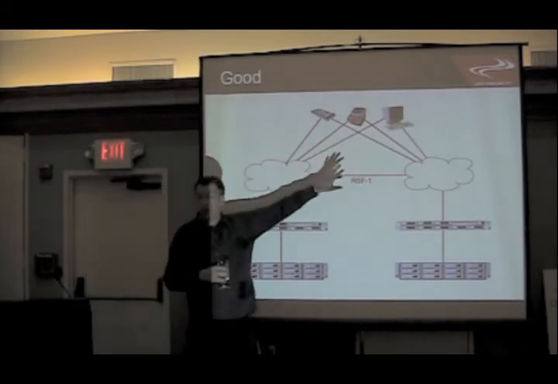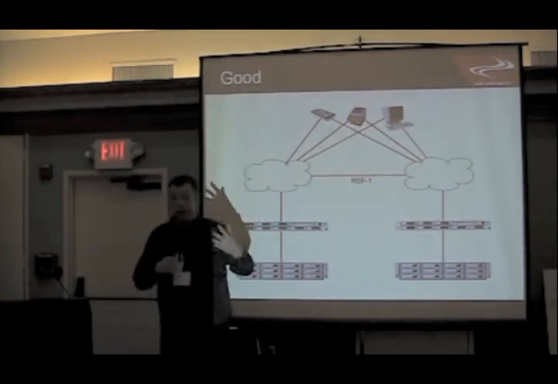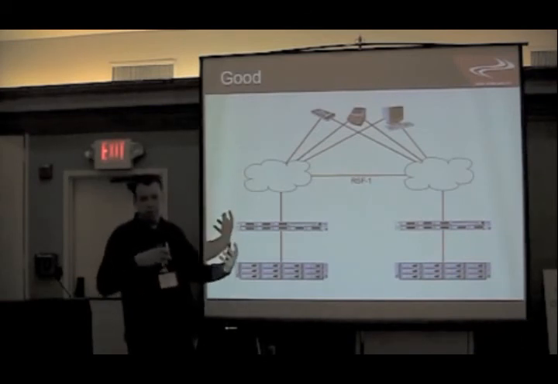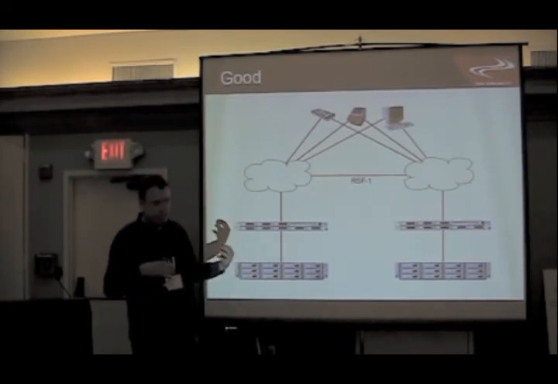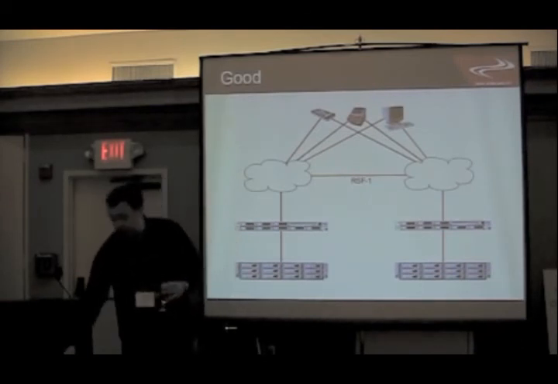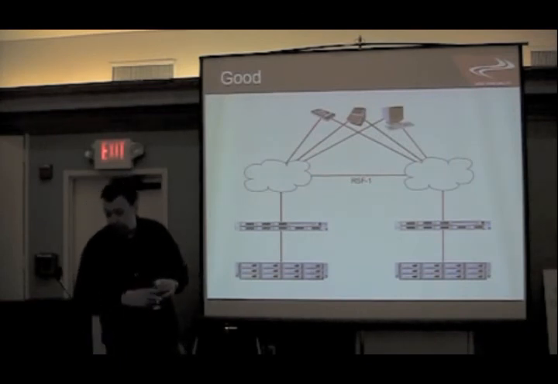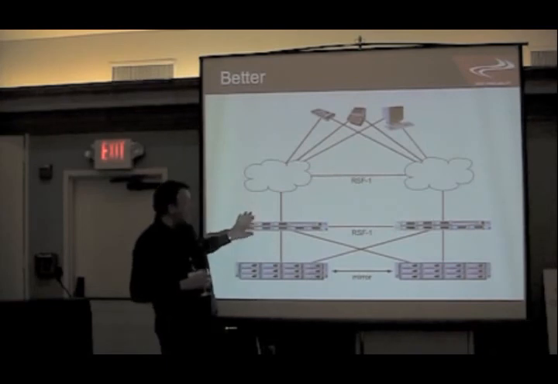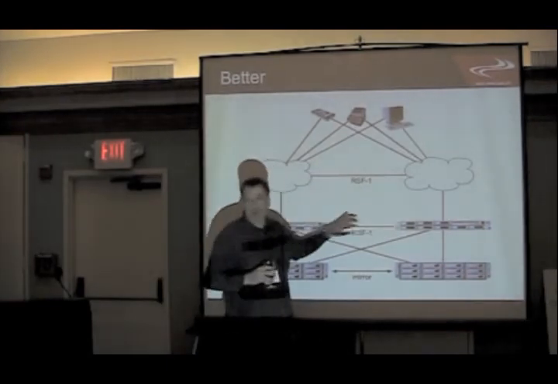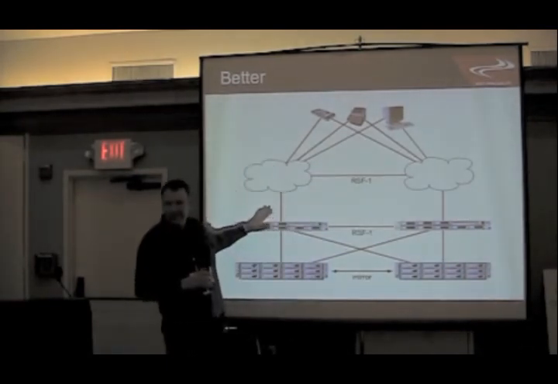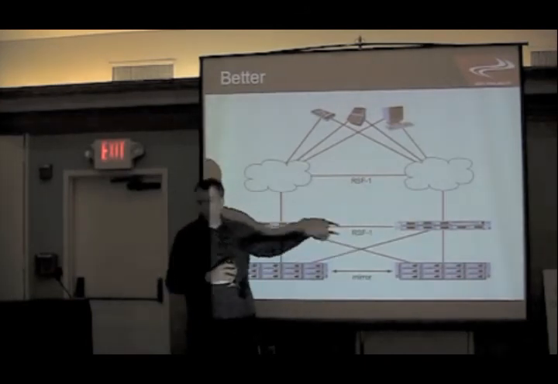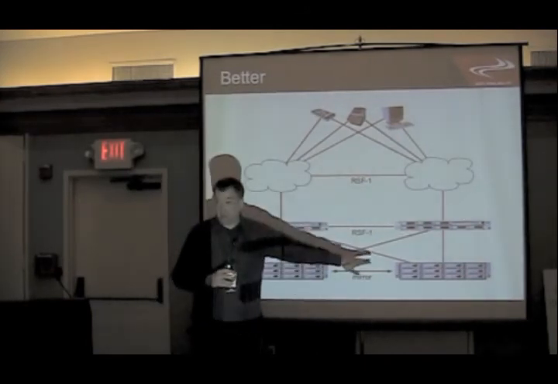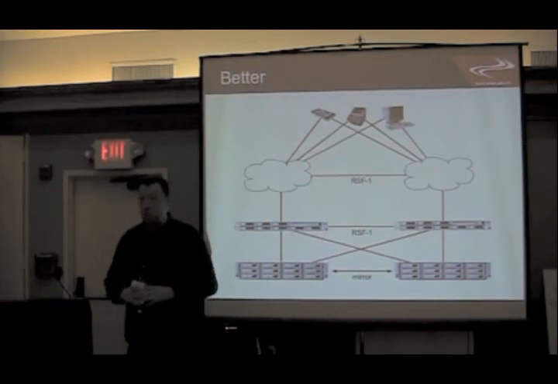So we could have 2 clouds from, say, 2 different vendors, and we could have failover between those. That's certainly good, but what we're going to be focusing on more today is this, where we have at least two nodes with common storage and mirrored. I'm going to say mirrored.